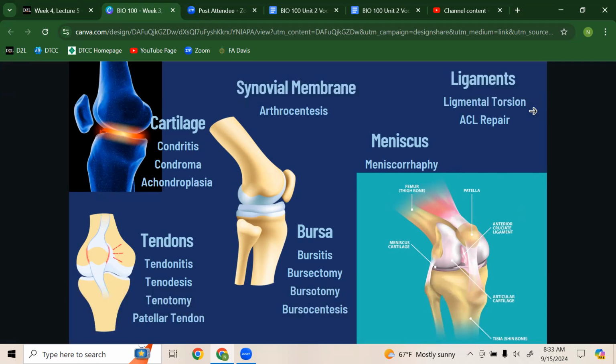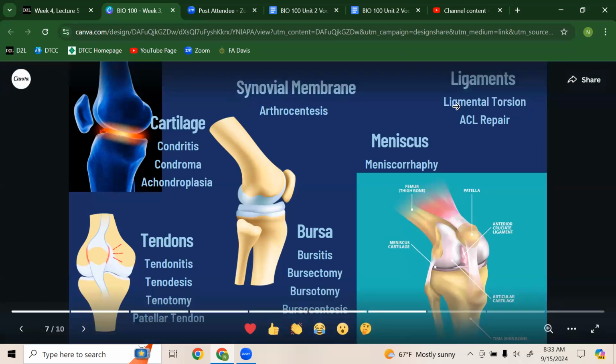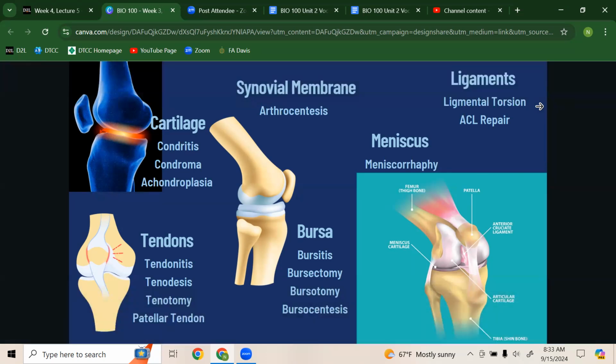So we have an ACL, PCL, LCL, and MCL. So ligamental torsion would mean twisting of a ligament. And then an ACL repair obviously would be repairing your anterior cruciate ligament. So ligament is always going to be bone to bone. That's what you need to know.